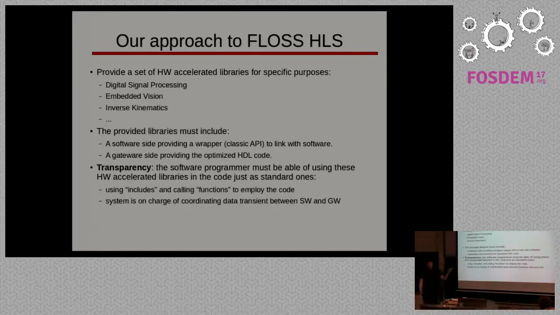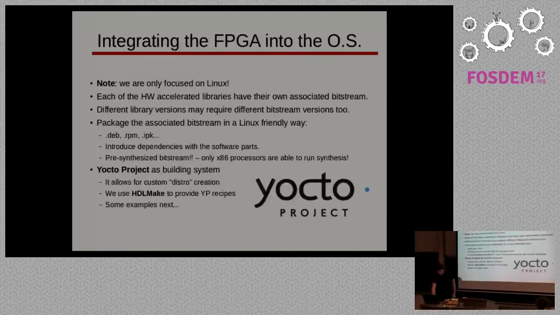This must be transparent for the programmers so that they can just use the API, make some includes, and use this function. And the system, as in the previous case, needs to be in charge of loading and unloading the FPGA part as the binary that you are executing on the CPU needs the FPGA part in order to accelerate the task.